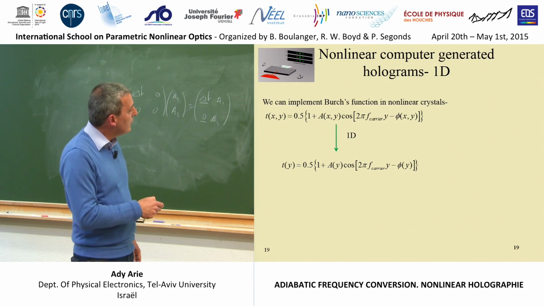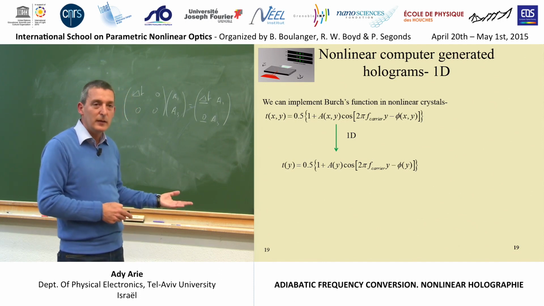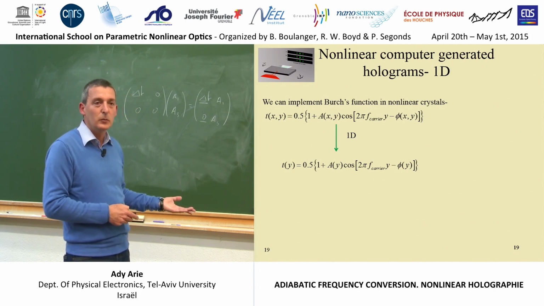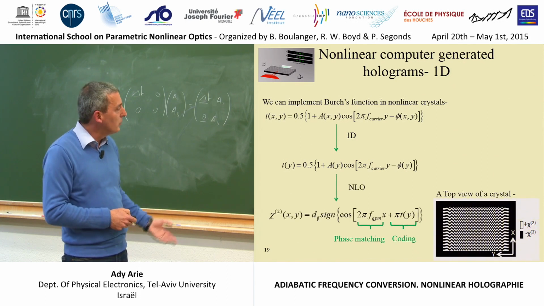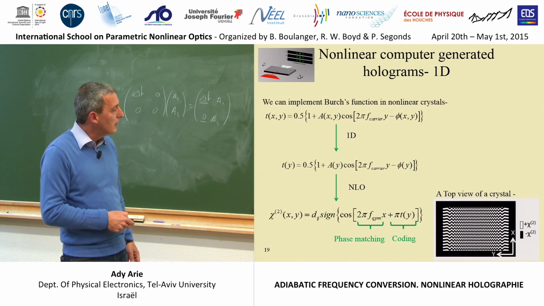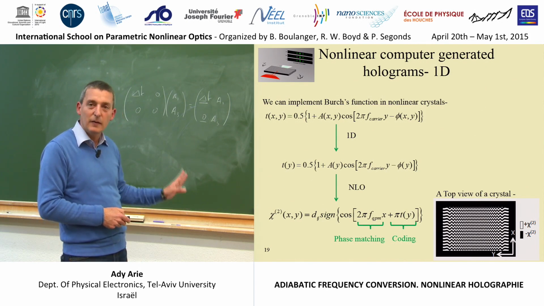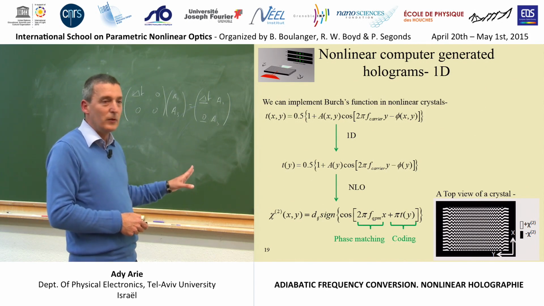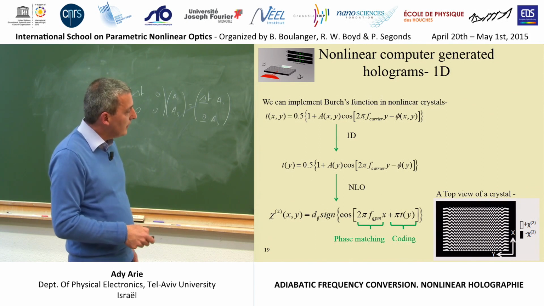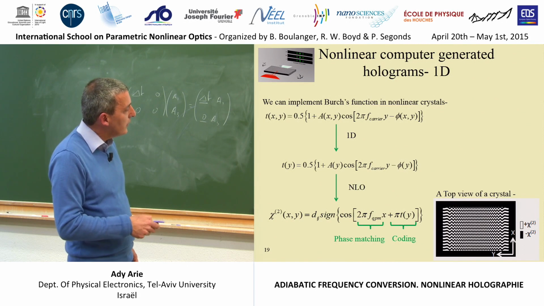This is in the y direction. And what do I do in the x direction? In the x direction, I need to do QPM, so I need to do periodic modulation, just to make sure that I have good efficiency. And this is the x direction. And in the y direction, I have this modulation.